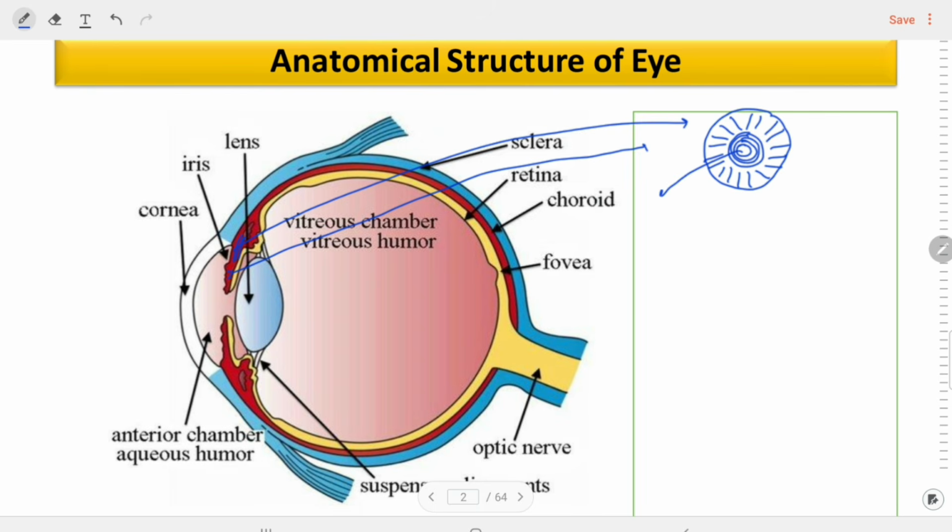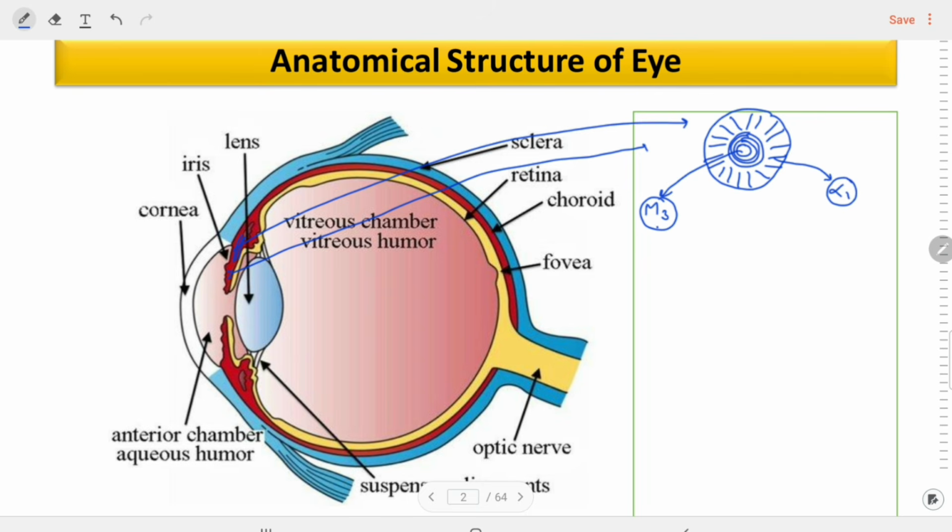In the sphincter pupillae muscle there is the presence of M3 receptors, and in the radial muscle there is the presence of alpha 1 receptors, and we know both are GPCR receptors. So the important thing is the activation of both receptors and the outcome after activation.